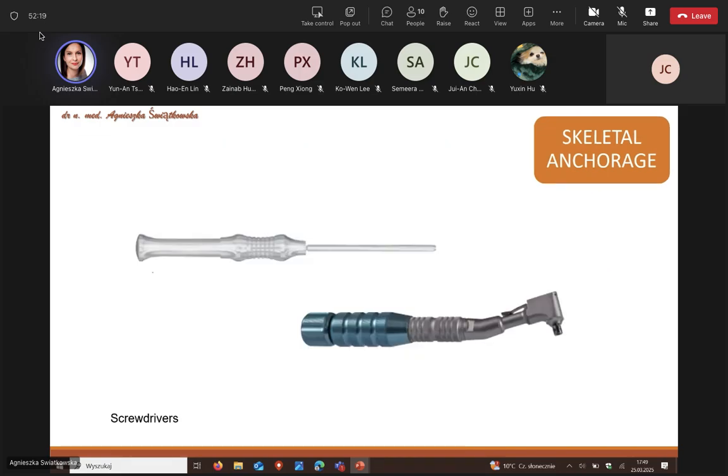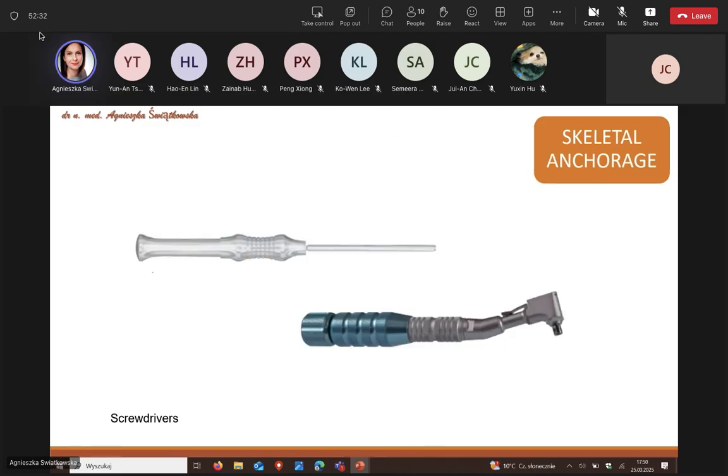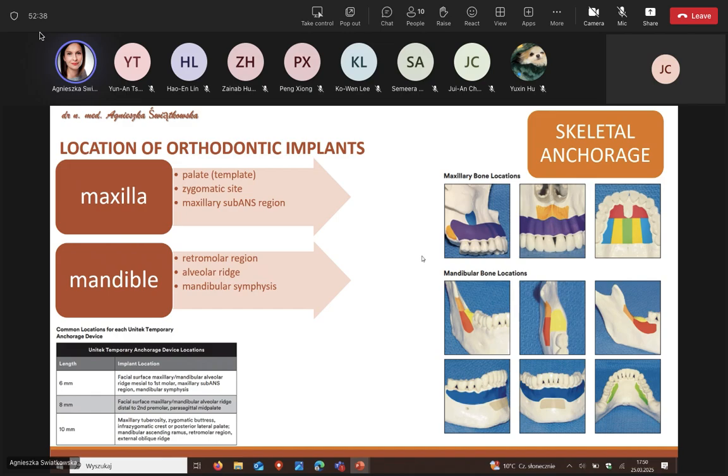Okay, screwdrivers. Different kinds of implants have different screwdrivers. These are 3M company screwdrivers. This is for the palatal side, this for the vestibular side. Where can we insert this micro screw?